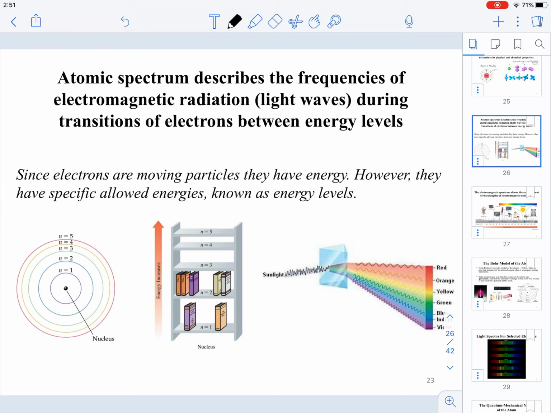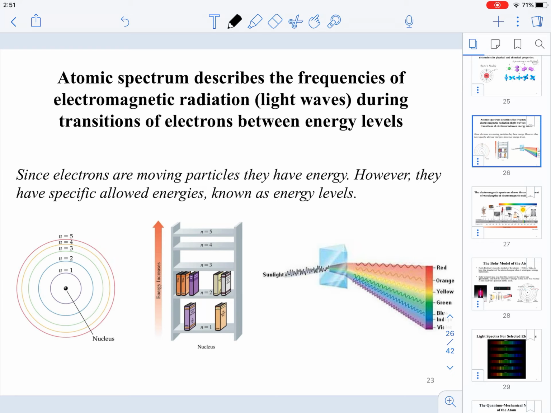And since electrons are moving particles, they have energy. However, they have specific allowed energies that are known as energy levels. That's where we're going to center our discussion when we talk about the Bohr model, because Niels Bohr was the first person to put this in the context of electrons.